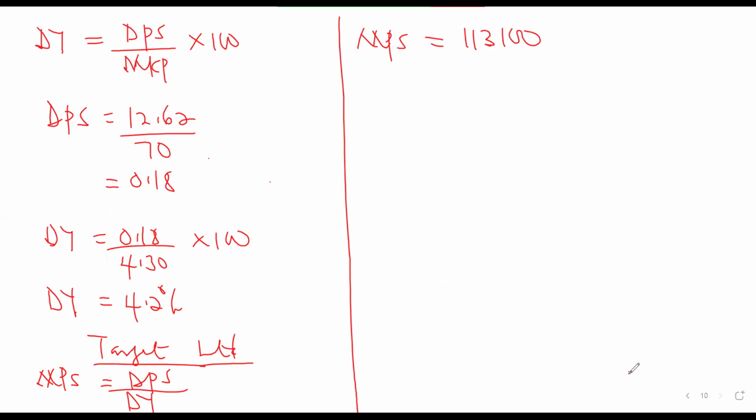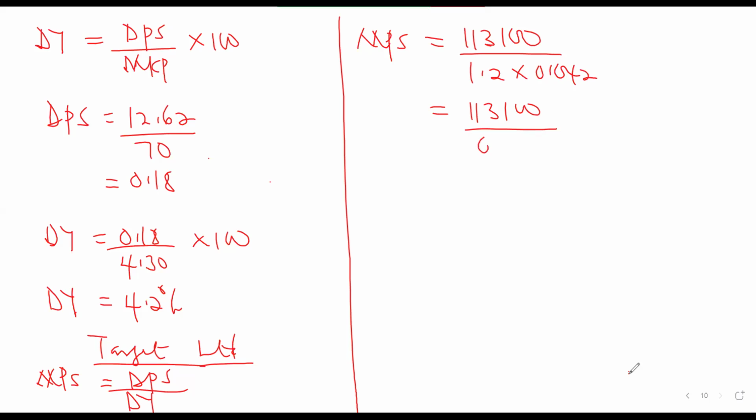Okay, so we have 11300 divided by 1.2. We have to increase this by 20%, multiplied by 0.042. Okay, what are we having? 11300 divided by 1.2 multiplied by 4.2 divided by 100.